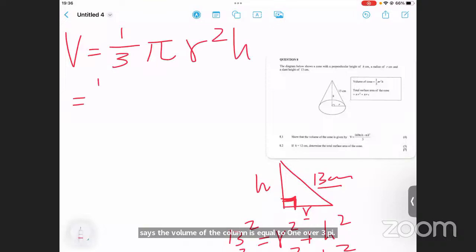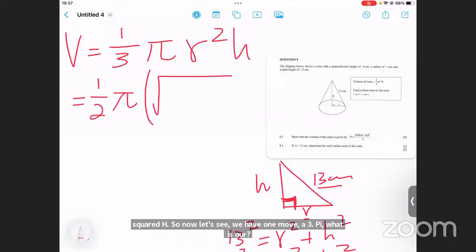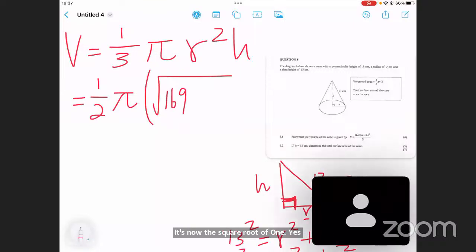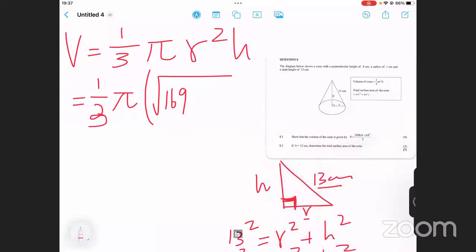So now we have 1/3 pi. What is r? R is now the square root of 1. Yes, you wrote 1/2. Did I make a mistake? Yes. Thanks very much, honorable member.